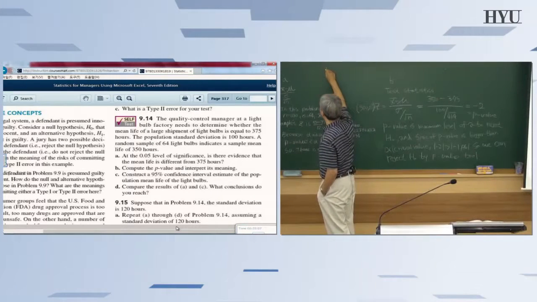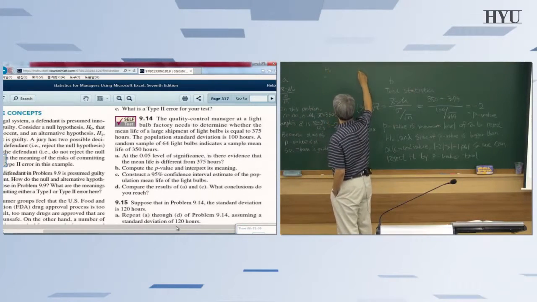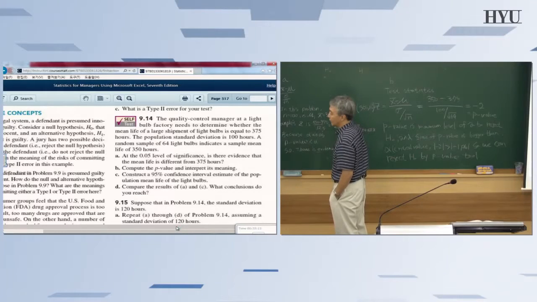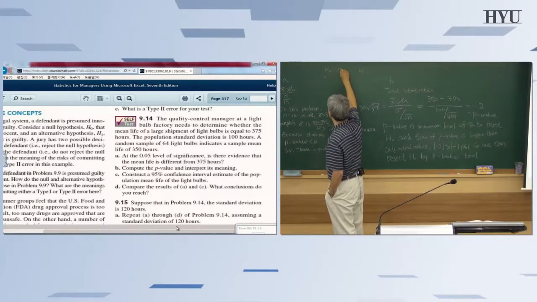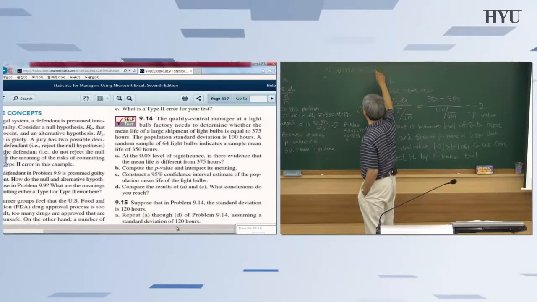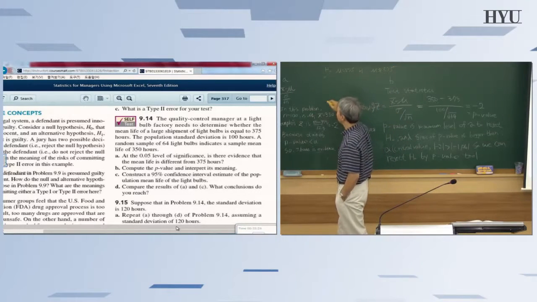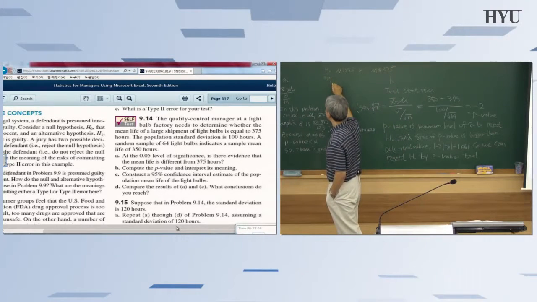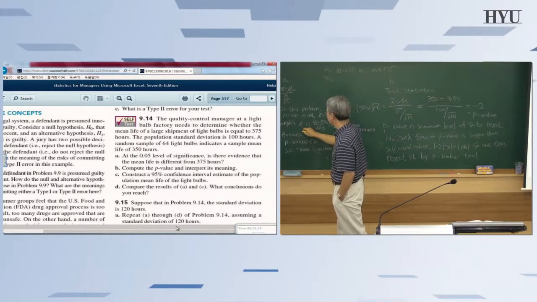You start out with the null and alternative. So somebody claims mu is 375, and you want to test that hypothesis. And the next component, the test statistic.